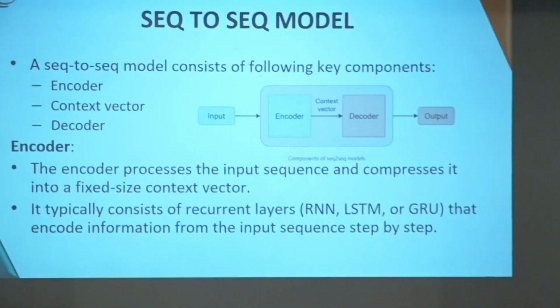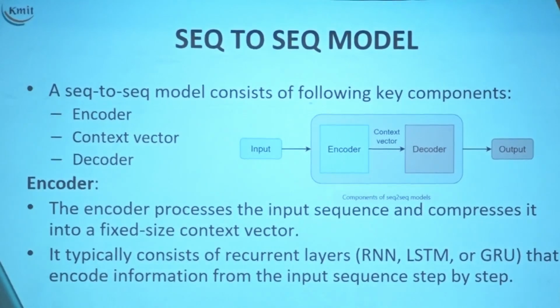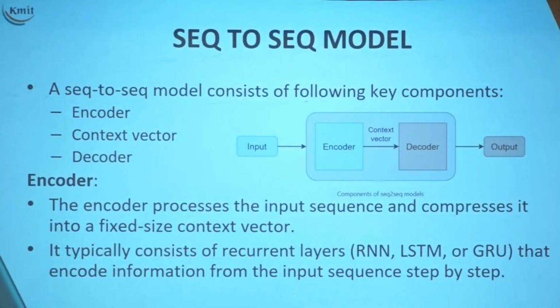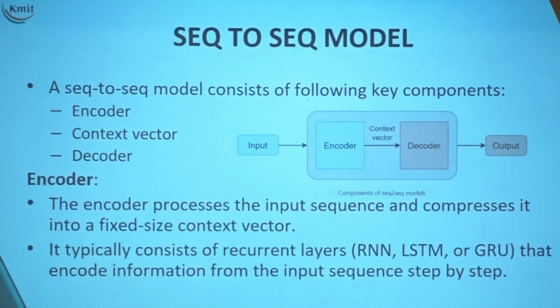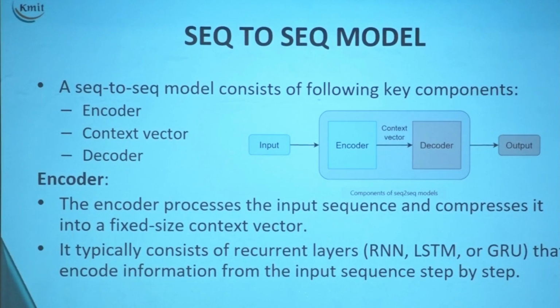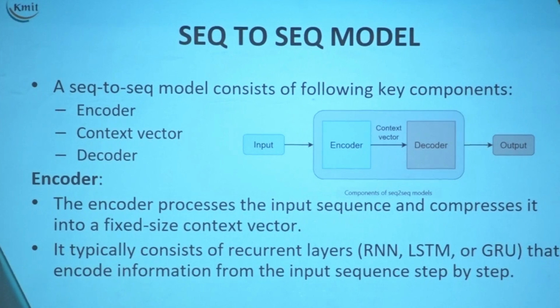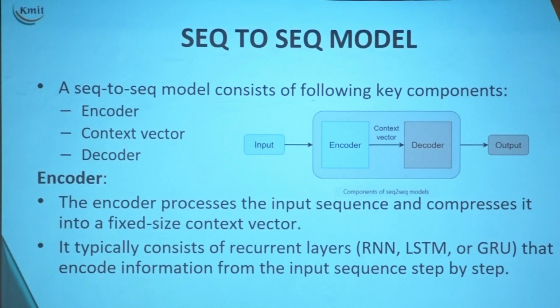Now, going into technicality, a block diagram of a sequence to sequence model looks exactly like that over there on your screen. So what do you think are the integral elements of a sequence to sequence model? What are the important components? Encoder, decoder, and a context vector.